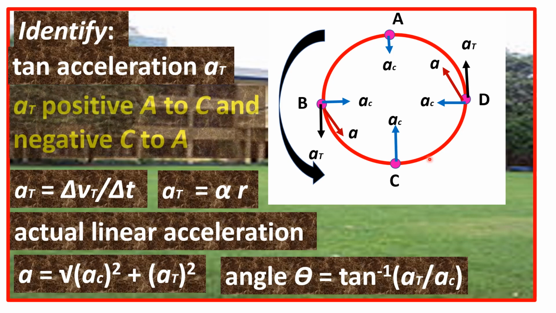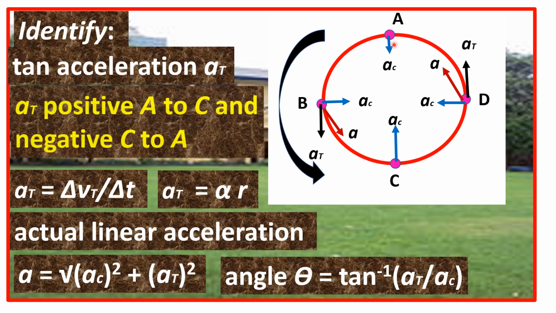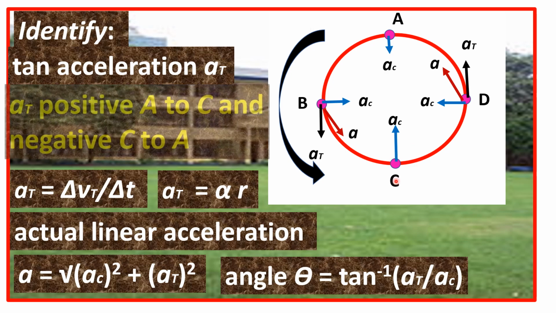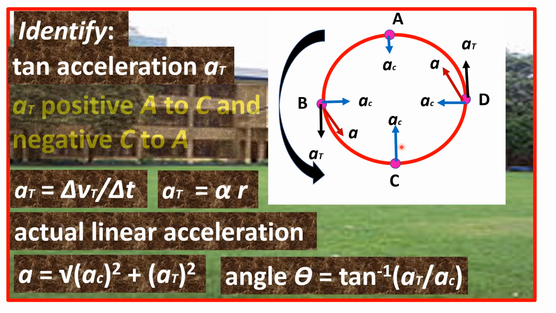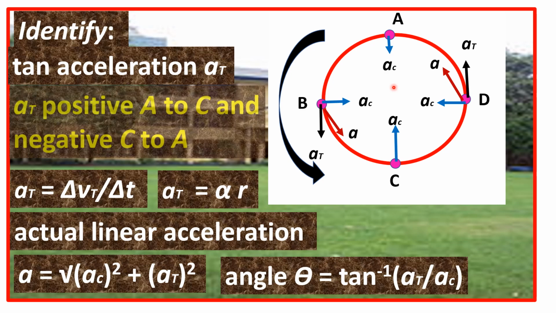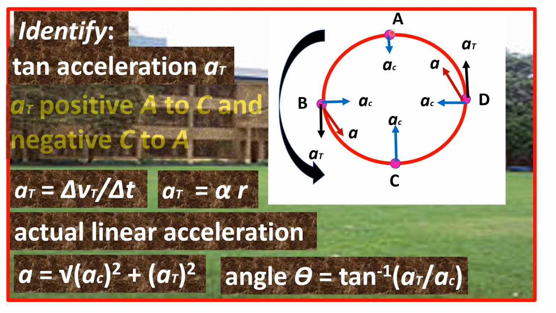So that's true for any other point except point A and point C, where the acceleration of the body is just represented by the centripetal acceleration a sub c, because at each point A or C, there is no tangential acceleration.